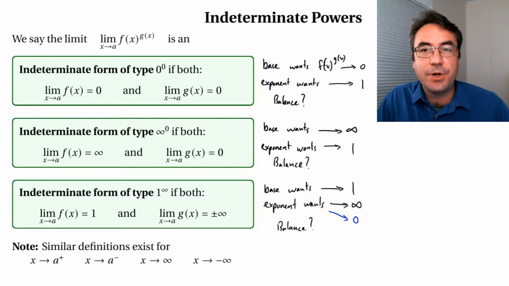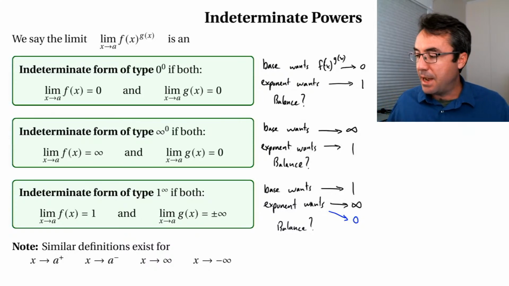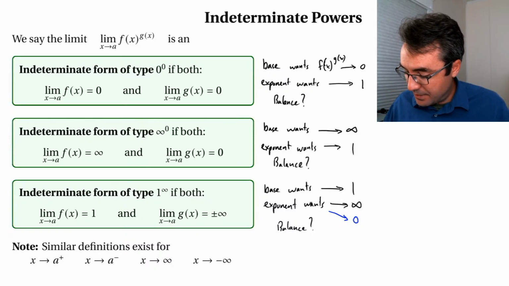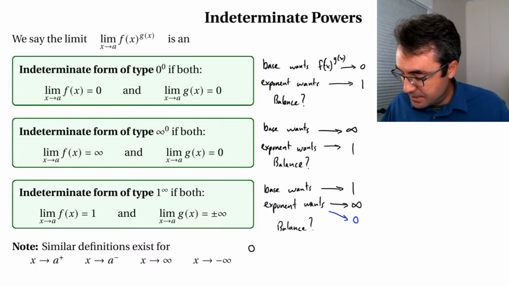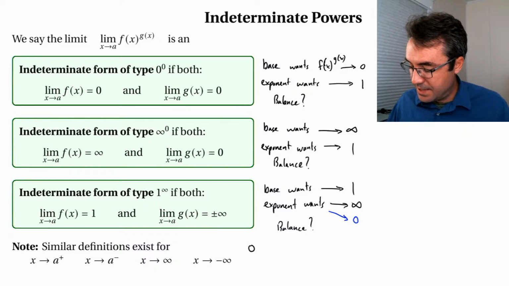And as usual, there's a similar definition for left-hand and right-hand limits and limits at infinity. Now one that's not on this list, 0 to the infinity, is not indeterminate.